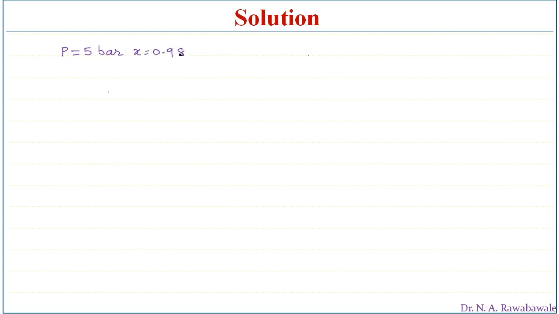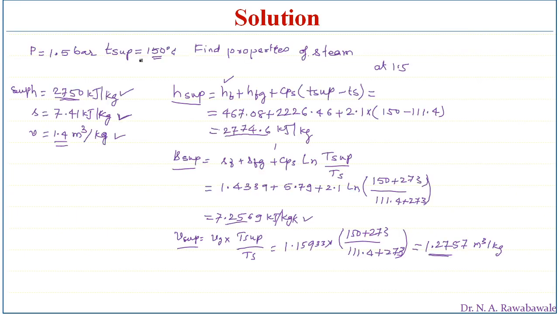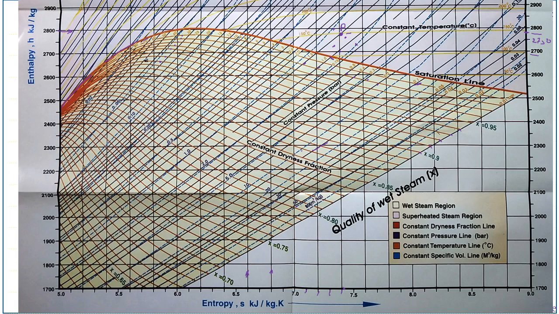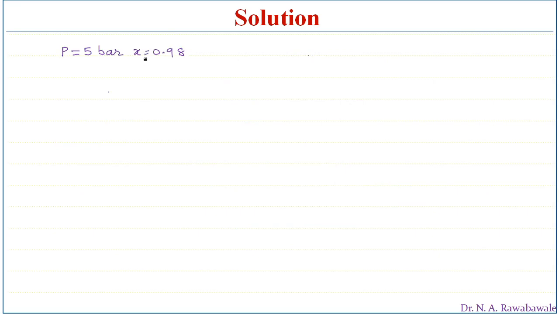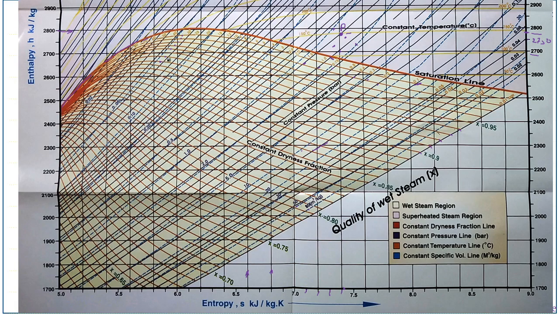Two things are required, at least two things. In previous case, pressure was known, temperature of superheated steam was known. Now here pressure and dryness fraction is known. So we can locate this point Q at pressure of 5 bar and dryness fraction 0.98. So pressure of 5 bar, this is 0.99, this is 0.98.